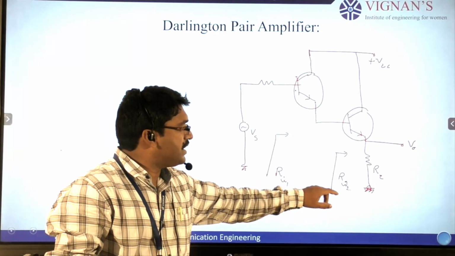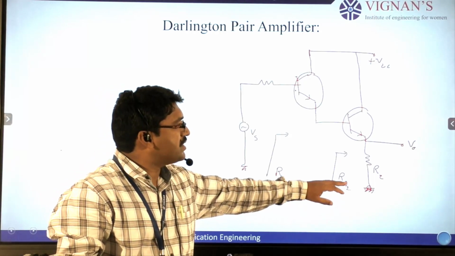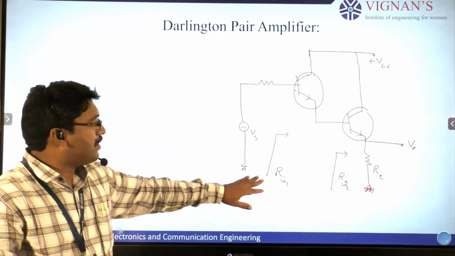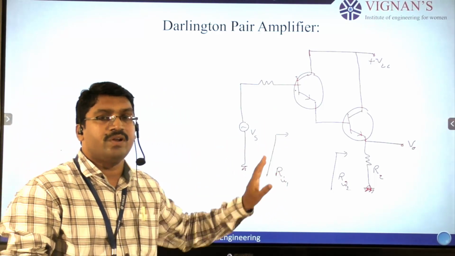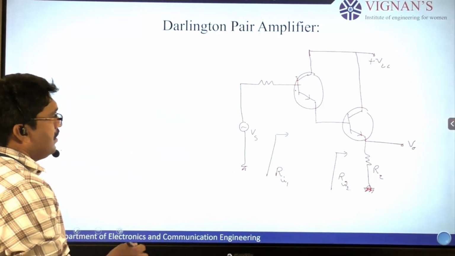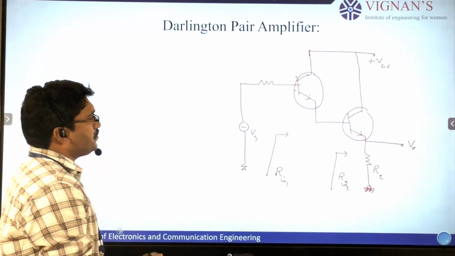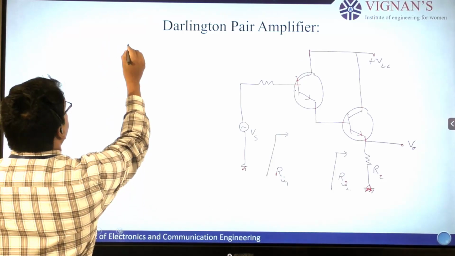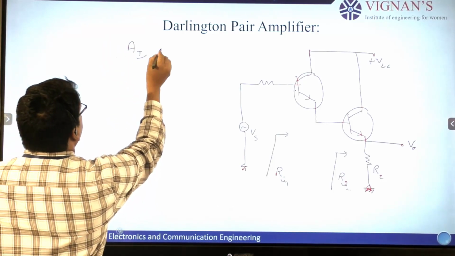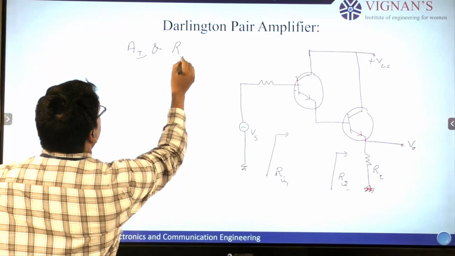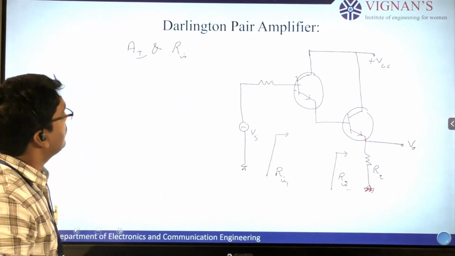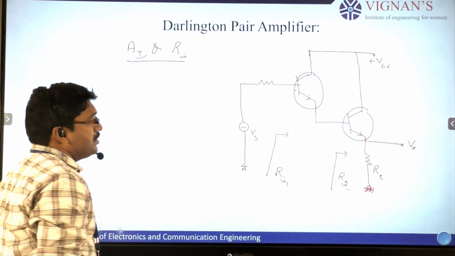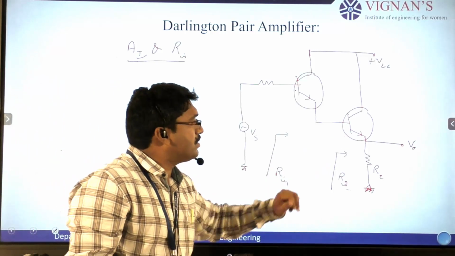Ri2 is nothing but the input resistance of a CC amplifier. Ri1 is the input resistance of the Darlington pair. First, to find Ri2, my intention is to determine the overall current gain and overall input resistance. To do both, first let us focus on the second stage.